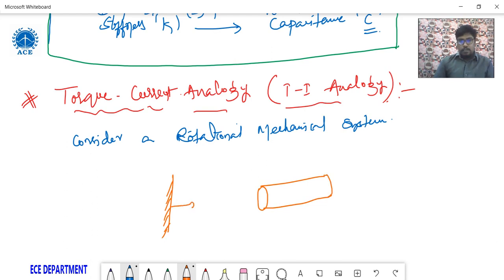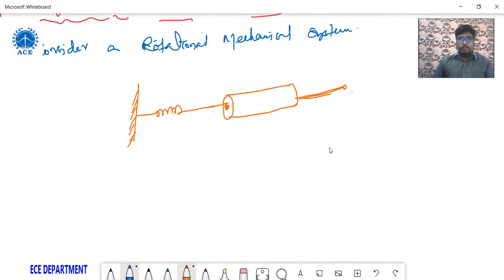Okay, so this is a spring element, K, which is connected to an inertia element, and another one is a dashpot and inertia element, right?